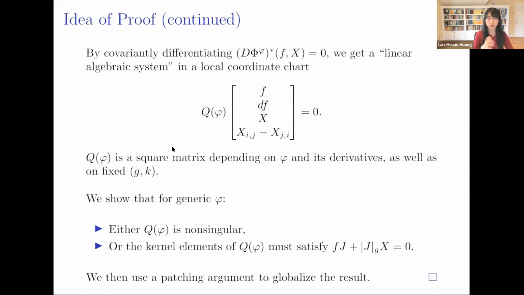The only solution will be (f, X) identically 0. If this coefficient matrix is not non-singular, that means any kernel element must satisfy the null vector equation.